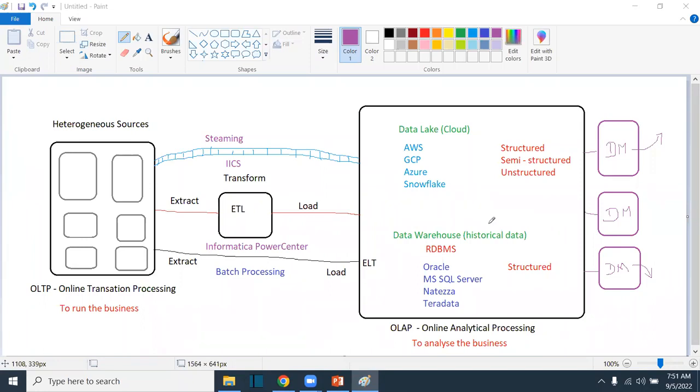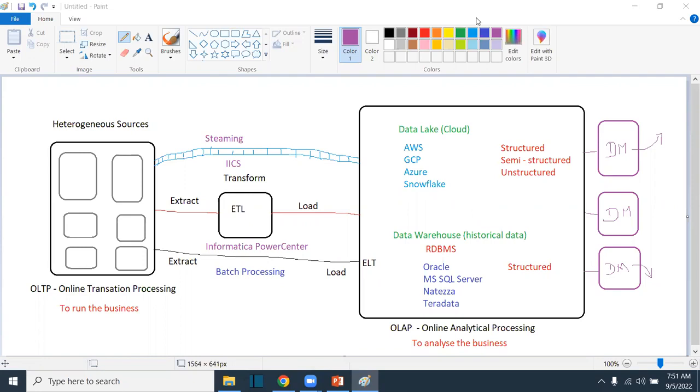In an organization, do they have both ETL and ELT? Yes, if they have both a data warehouse and a data lake, they still will not migrate all the systems from Informatica PowerCenter to IICS directly, right?